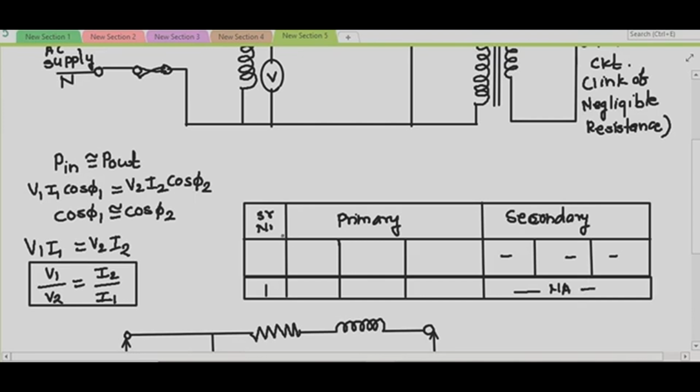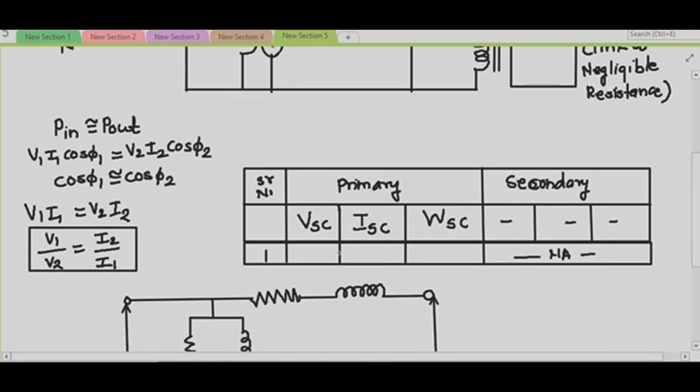But on the primary side, we have to find out the voltage which is required to circulate the rated current of the primary circuit, and that voltage is denoted by VSC, short circuit voltage. Then this is primary short circuit current, and this is your primary short circuit power, WSC. So these readings we have to record in tabular format.